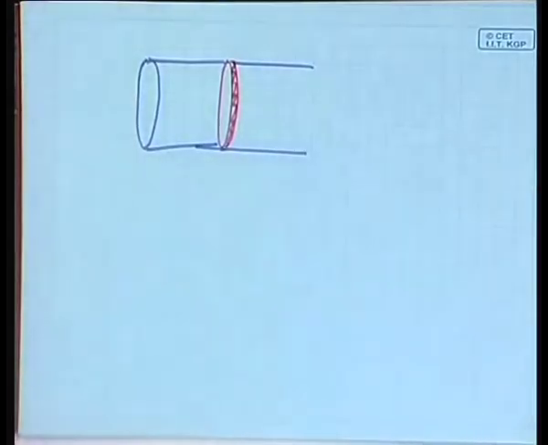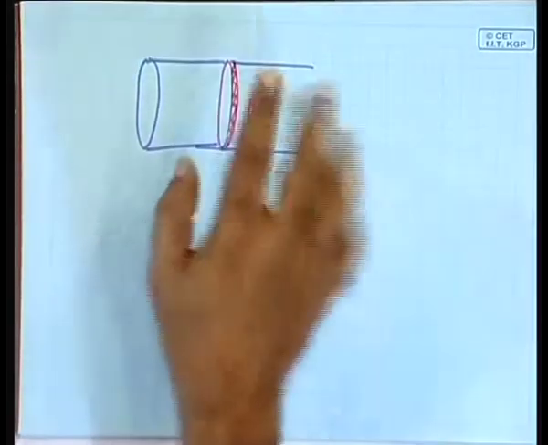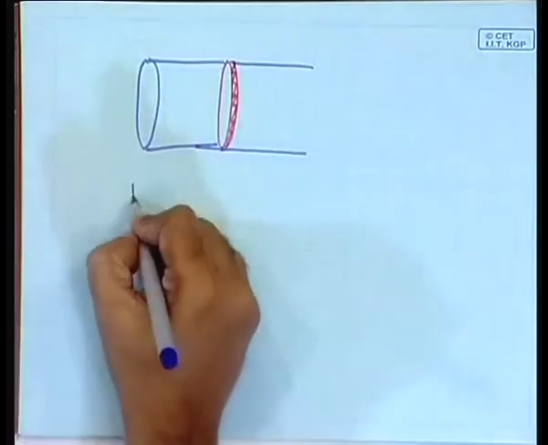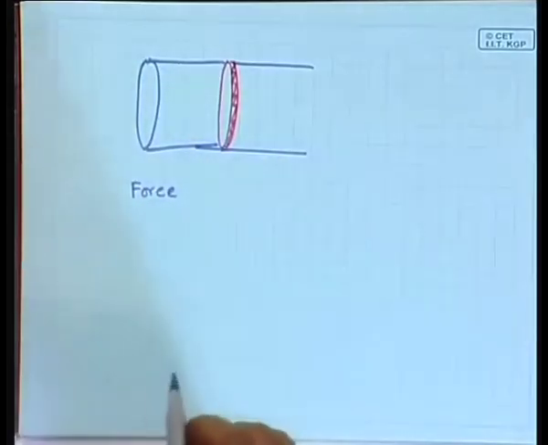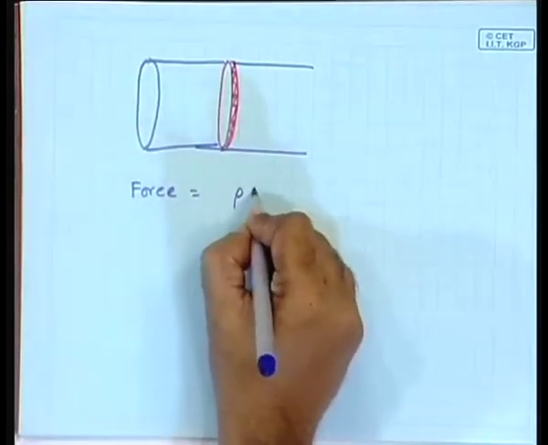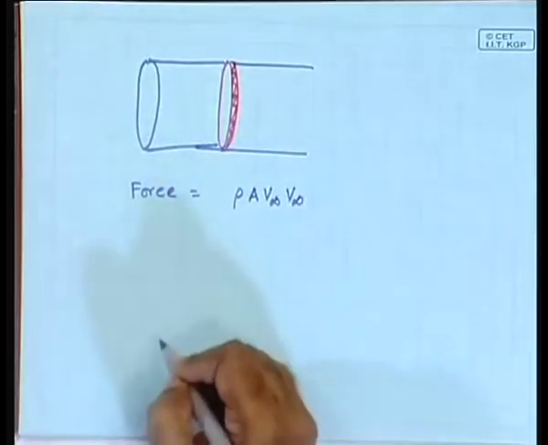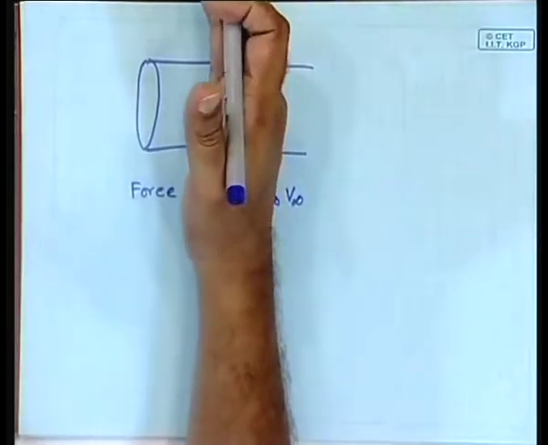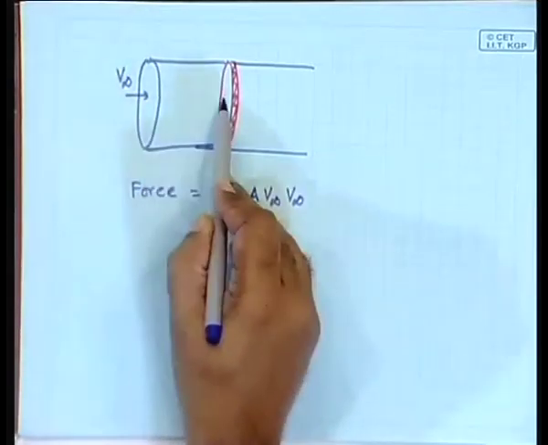Let us try to find out how much would then be the maximum possible efficiency. Well, in that case, what is the force experienced by this fellow? Force given by the wind is the change of momentum, which would be rho A V infinity into V infinity. Suppose this is not moving, then wind was coming at velocity V infinity and at that point it is stopped.